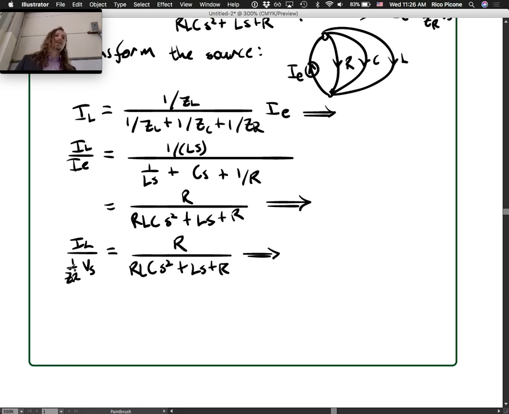That cancels this guy. And then it also cancels that guy. So we get IL over VS equals 1 over RLCS squared plus LS plus R.